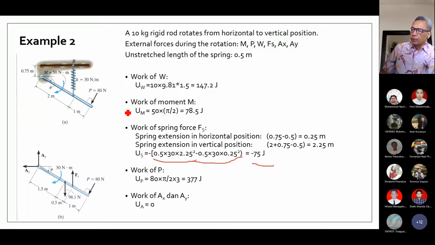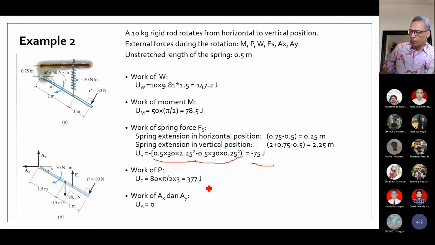This is the work done by the spring, and then the work done by this force P. You can see that this force moves along an arc of pi over 2, an arc of 90 degrees. So the length of the displacement is a quarter of the circumference of a circle. Then you just calculate 80 multiplied with pi over 2 multiplied with the radius 3.